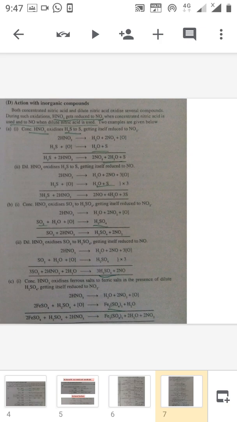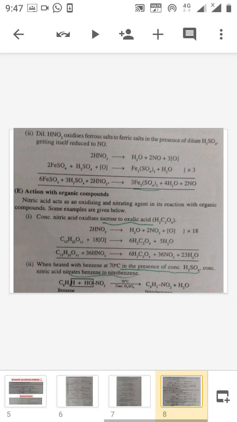So the produced nascent oxygen reacts with iron sulfate to form the ferric salt. That means the oxidation state of the iron is changed from plus 2 to plus 3, and we will get the same result in the case of the dilute nitric acid. Ferrous is converted into the ferric salt.